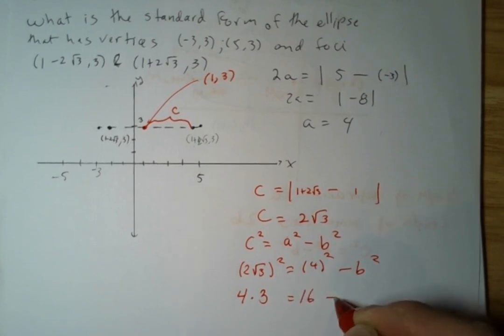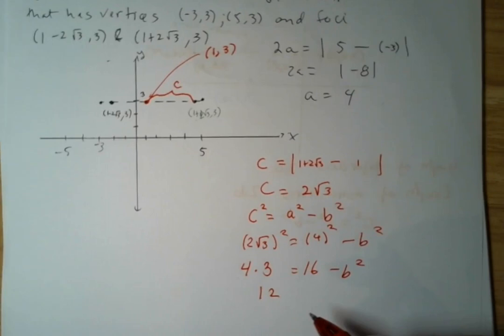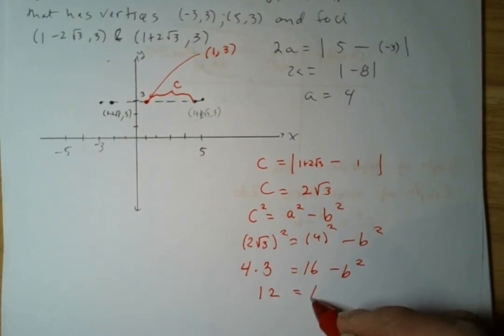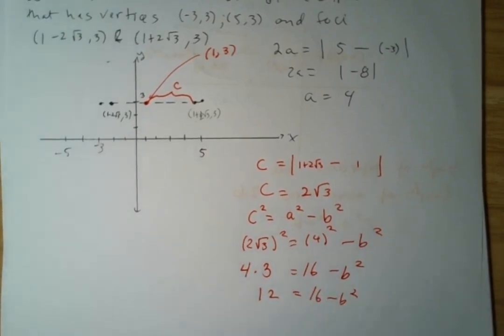And this is 16 - b². So we get 12 = 16 - b². Solving for b², we get b² is 4.